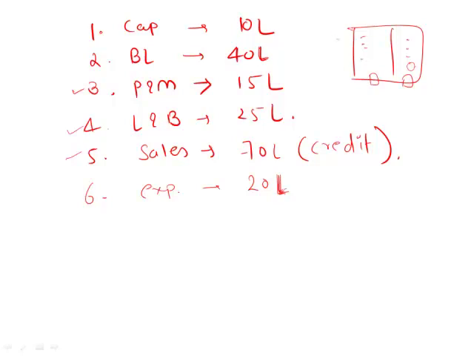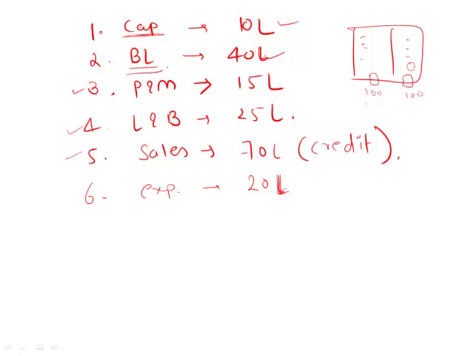So I go to the liability side. I will have capital, bank loan, and profit, which is my reserve. Capital is 10, bank loan is 40. How much would be profit? 50. So 50 plus 50, 100. The balance sheet total has to be 100 and 100.